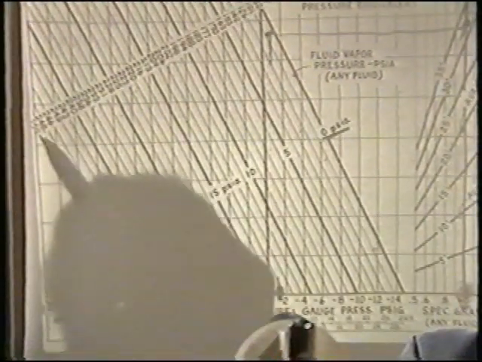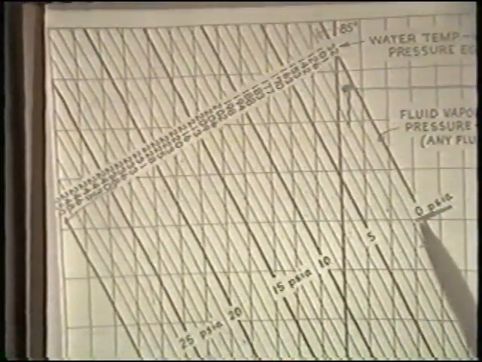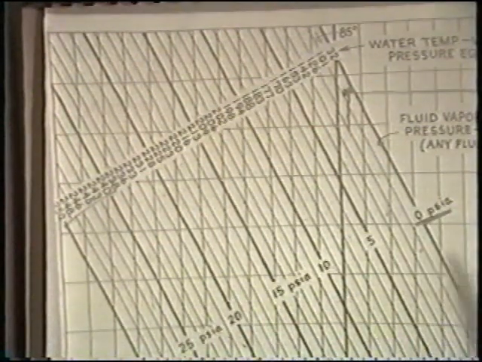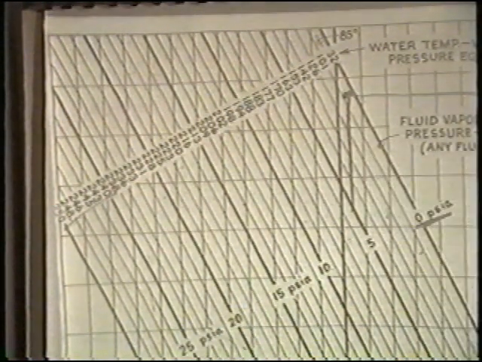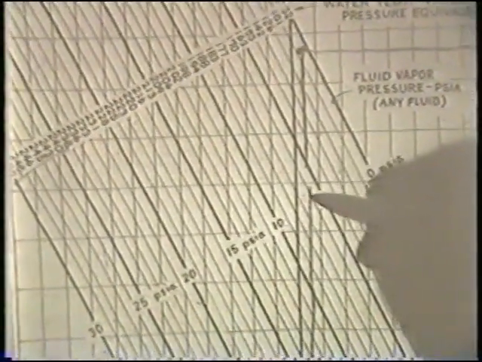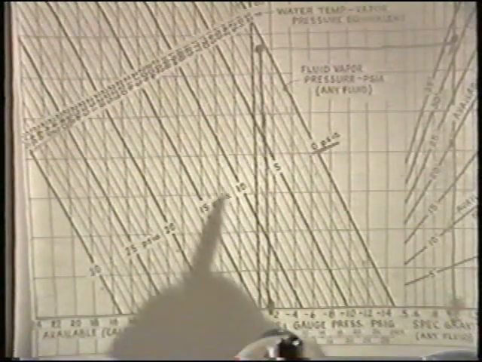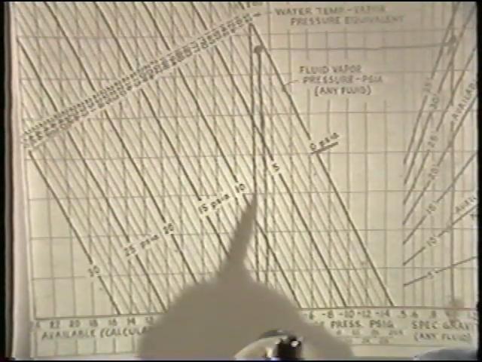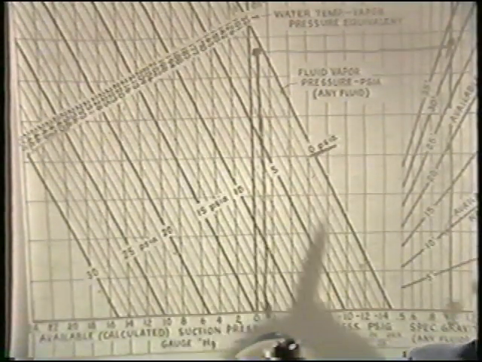We have also plotted on this chart the water temperatures corresponding to the vapor pressure boiling points for water. So we would then take a straight rule, establish this at -1, proceed up to, in this case, 85 degrees for the water temperature being used for a cooling tower and passing through the pump.